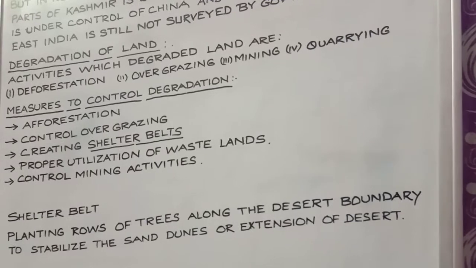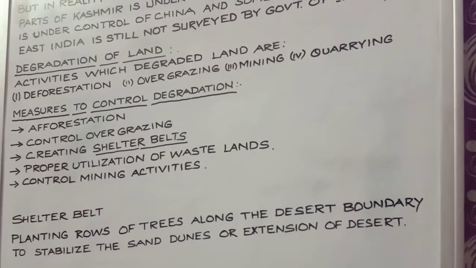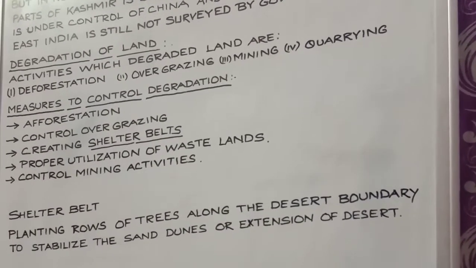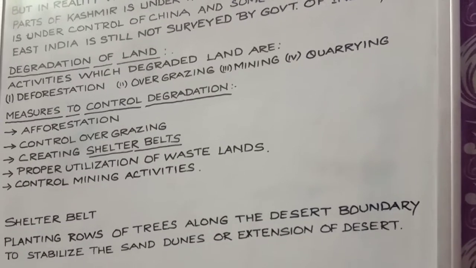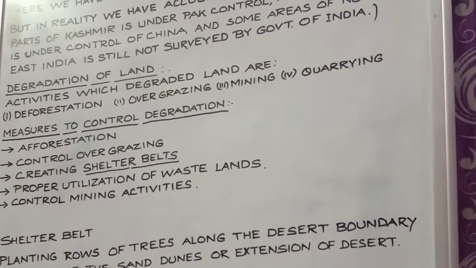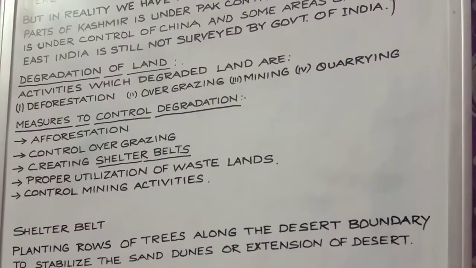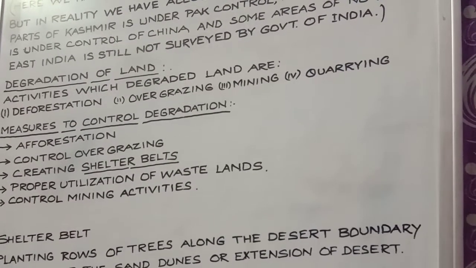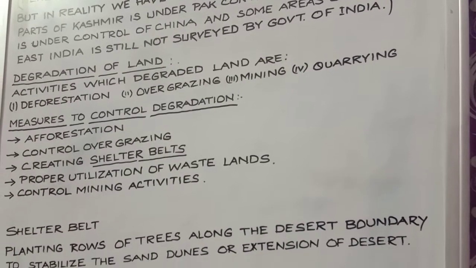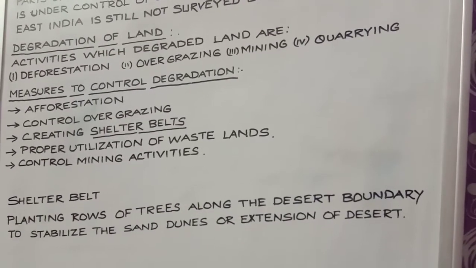In a shelter belt, we plant trees along the desert boundary, so that the sand dunes, the small hills of sand that we see in the desert, are stopped from moving and extending, and the sand that is carried by the wind is also stopped by the leaves of the trees acting as a filter. Thank you, and write down the notes in your copy.